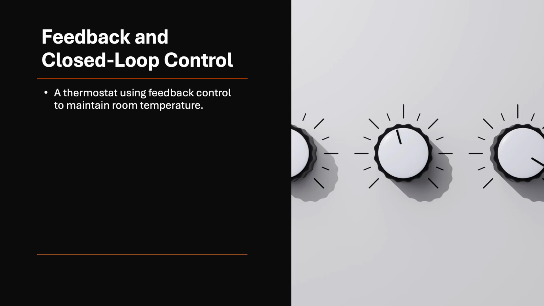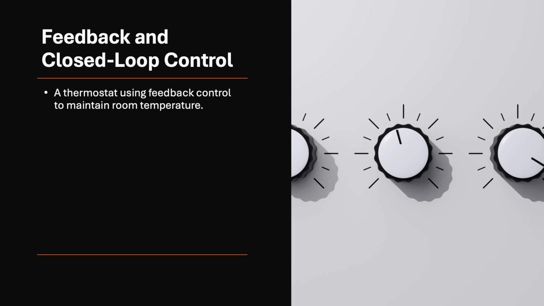The desired temperature, or set point, is set by the user. The thermostat compares the actual room temperature with the set point and generates an error signal if there is a discrepancy. This error signal is then used to activate the heating or cooling system to adjust the room temperature accordingly.